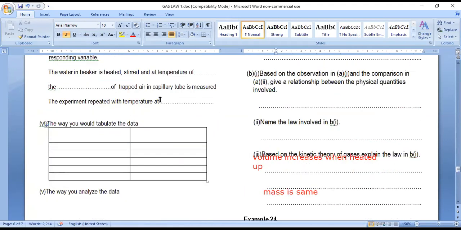Based on the answer, state the relationship between the physical quantities involved. So the higher the temperature, the higher the volume, or the bigger the volume.